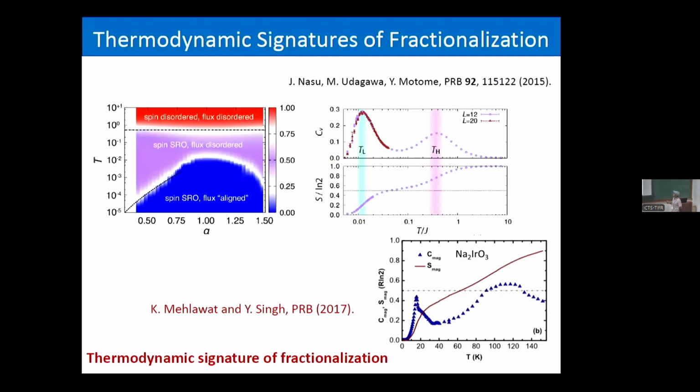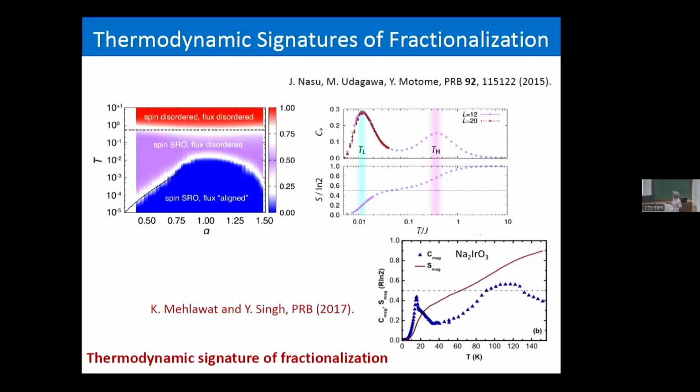Motome has done quantum Monte Carlo simulations to extract finite temperature thermodynamic properties of this model. One of the predictions they had is that the heat capacity will have two bumps.